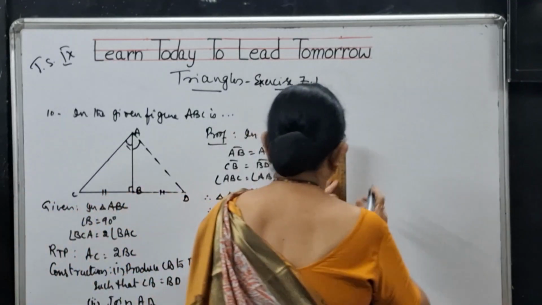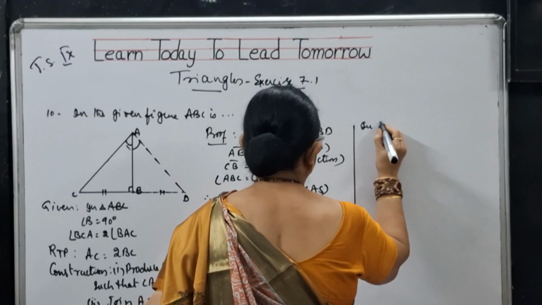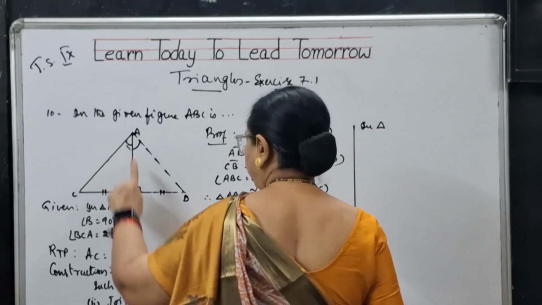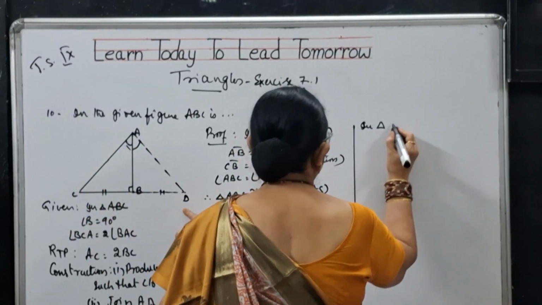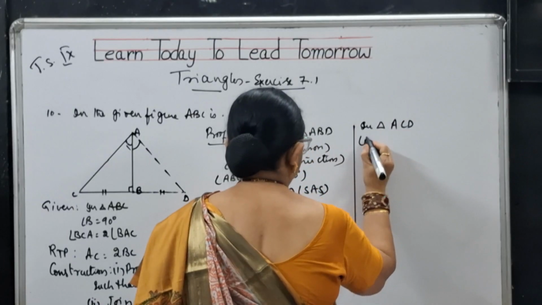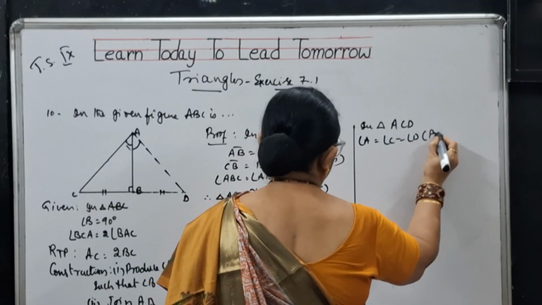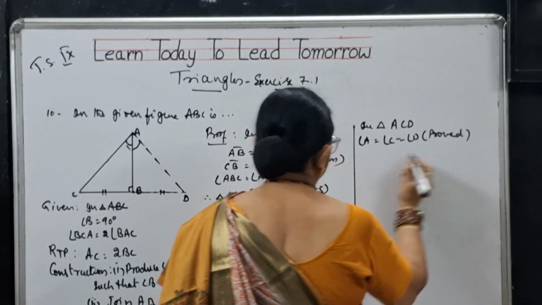So, in triangle ACD, angle A is equal to angle C is equal to angle D, we have just now proved.